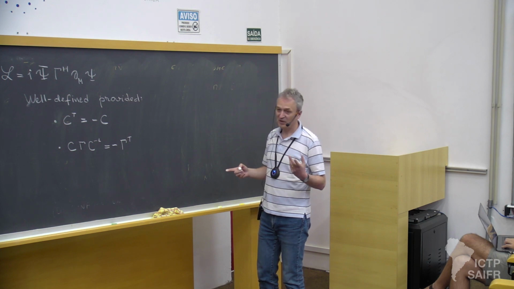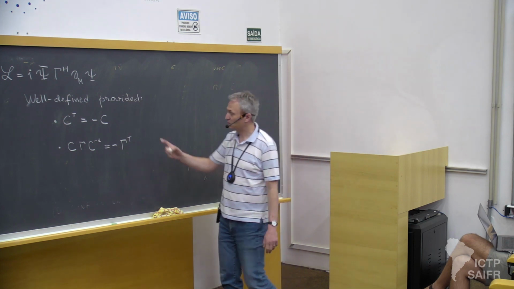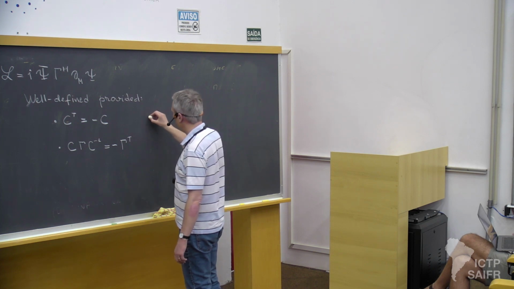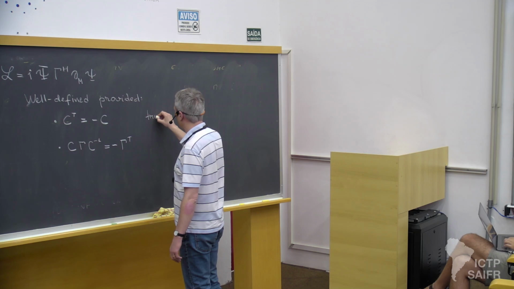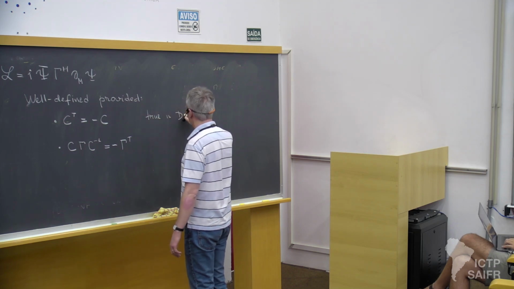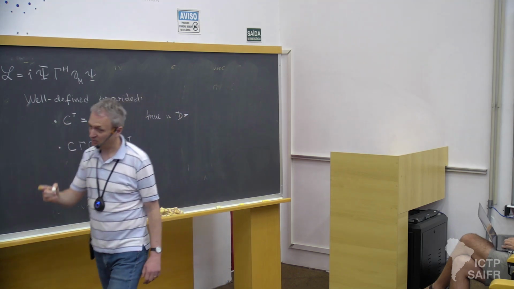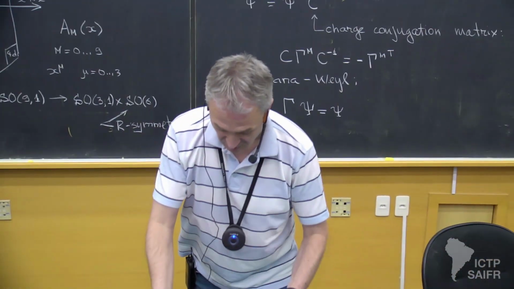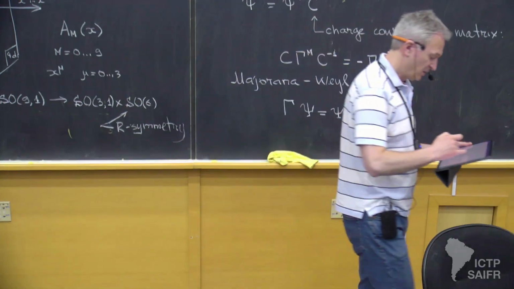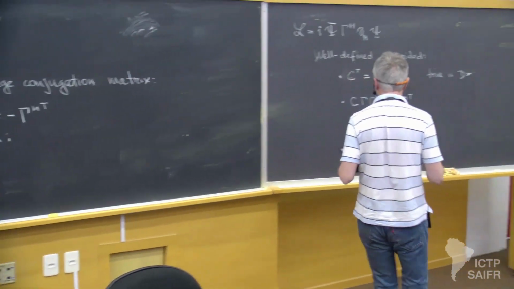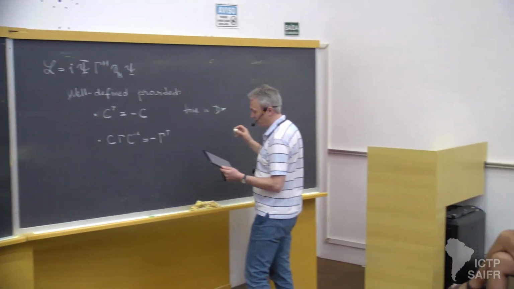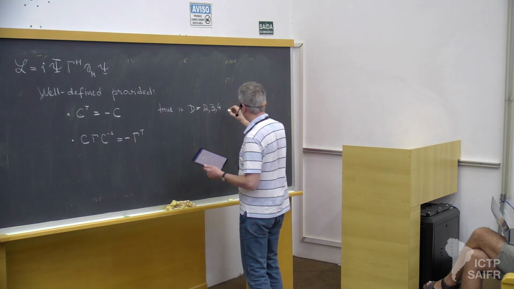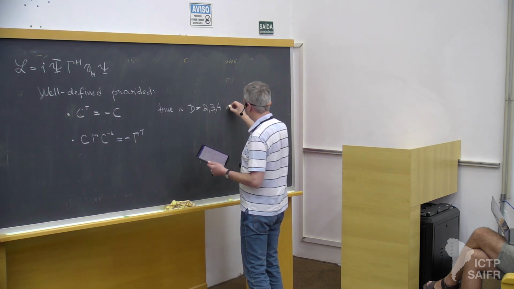And a complicated part is to show that this condition is true in certain dimensions. First of all, the charge conjugation matrix does not exist in certain numbers of dimensions, and then it is antisymmetric only in dimensions which are 2, 3, 4 mod 8.